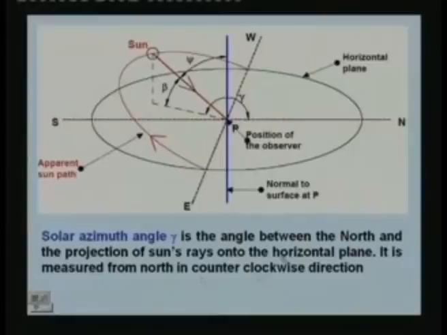So, the definitions vary, but once you have this diagram it is easy to understand and easy to change from one convention to the other. In this lecture I am following the convention of measuring it from the north in the counterclockwise direction. So, this is the solar azimuth angle gamma.